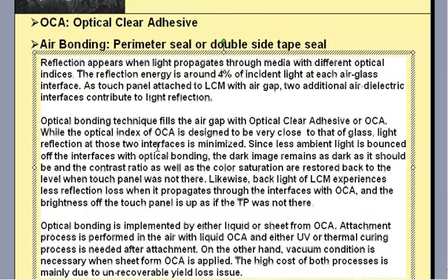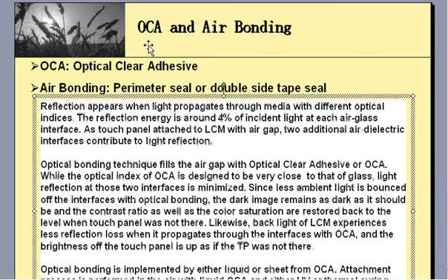Now I'm introducing OCA and air bonding. Actually, how can we use a bonding process between the LCD and the touch panel? There are two ways.